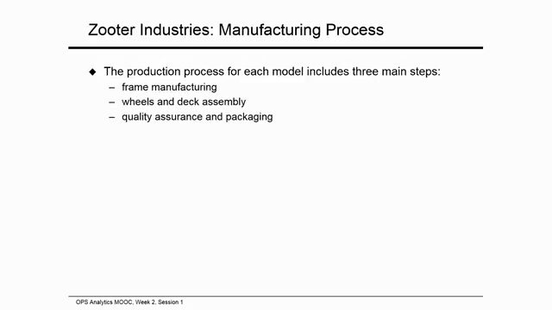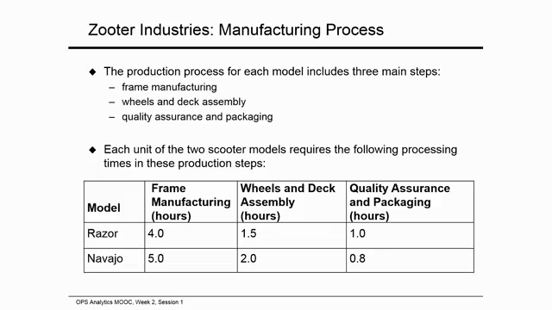Each scooter model requires the use of each of 3 resources. It must go through frame manufacturing, wheels and deck assembly, and quality assurance and packaging. Razor and Navajo scooters require different amounts of each resource. For example, in order to produce 1 Razor scooter, the company must spend 4 hours in manufacturing the frame, 1.5 hours in wheels and deck assembly, and 1 hour in QA and packaging.